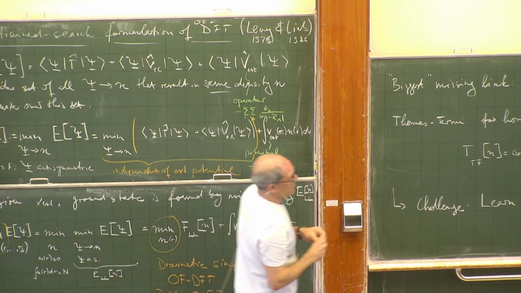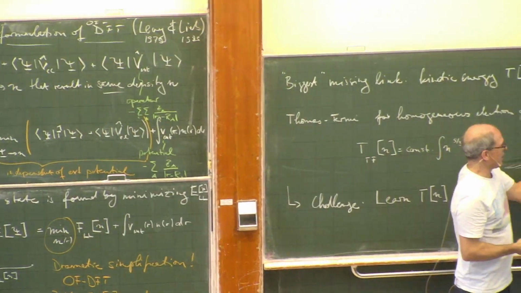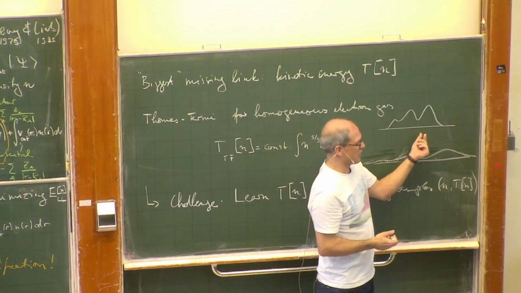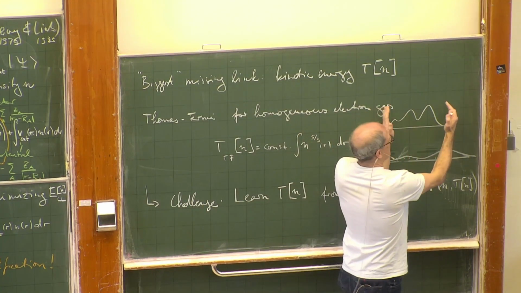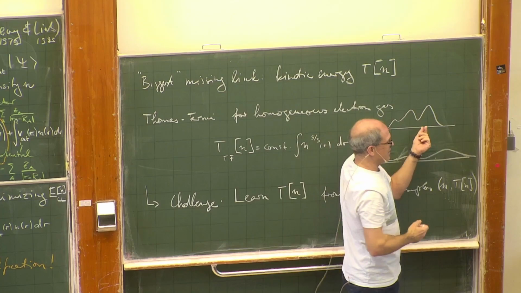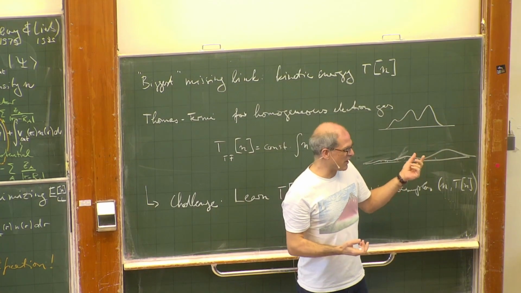Yeah, so the more widespread, the lower the kinetic energy, and vice versa. And this ultimately results from the uncertainty relation, because if we compress this further and further, then the location of the electron would be known ever more precisely.